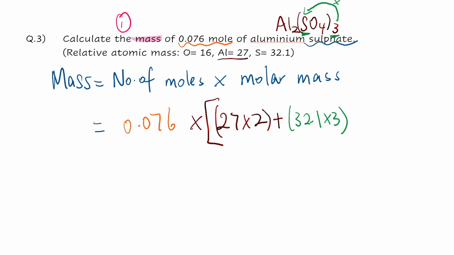And then finally, you have the oxygen. Originally, inside the bracket, you have 4 of them. But remember, I said when it's outside the bracket, you're going to do times here. It's always times. So 4 times 3, we know it is 12. So we have 12 oxygen atoms in total. So plus 16 times 12. And we can close our bracket now.